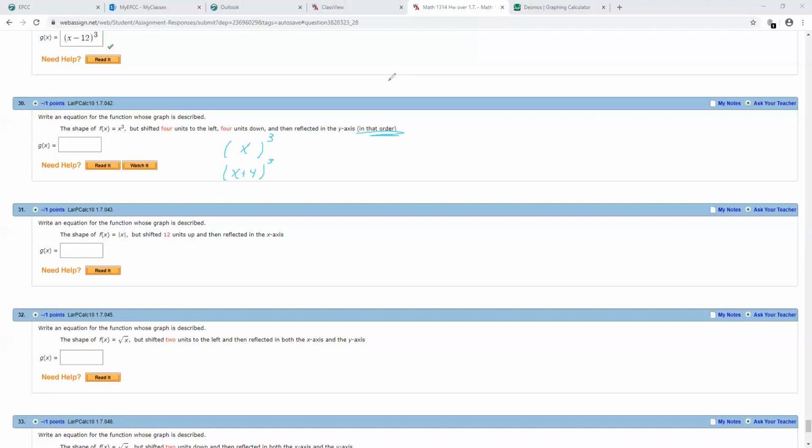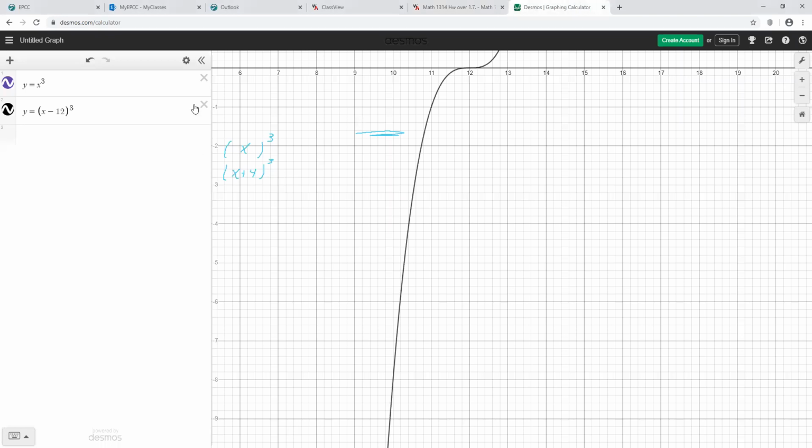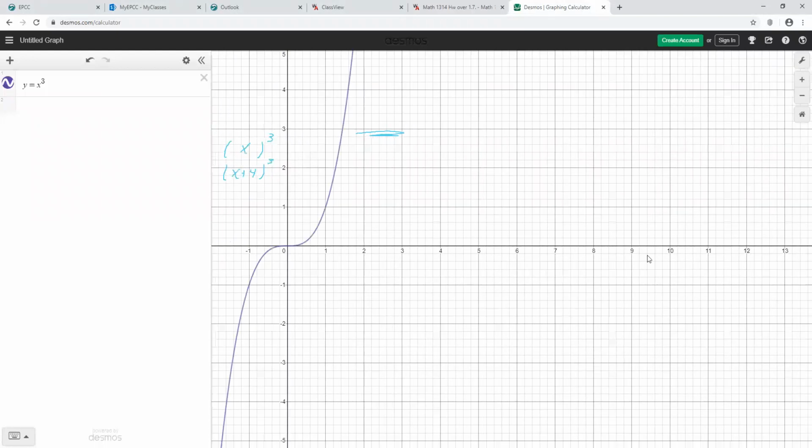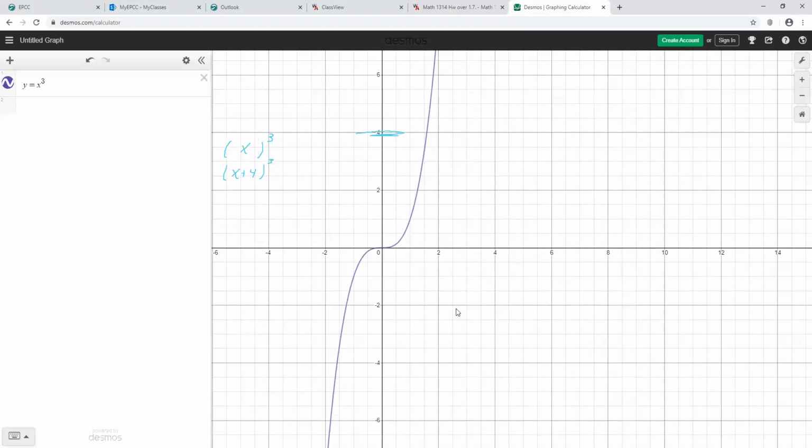I'm going to switch to Desmos here. We have y equals x cubed. This is the one we were just looking at. And we take this equation, and the first thing was move it 4 units to the left.